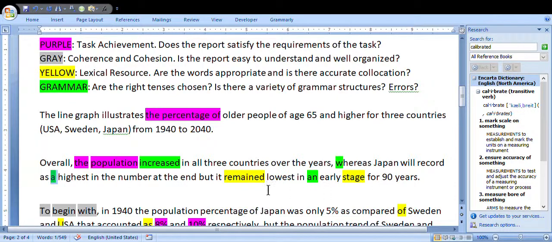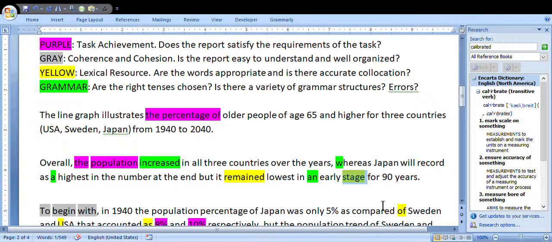For 90 years. This is very unclear. Why would you talk about something remaining that happened before? Okay. Had been lowest, sure. At an early stage, at an earlier stage, and a stage is not 90 years.